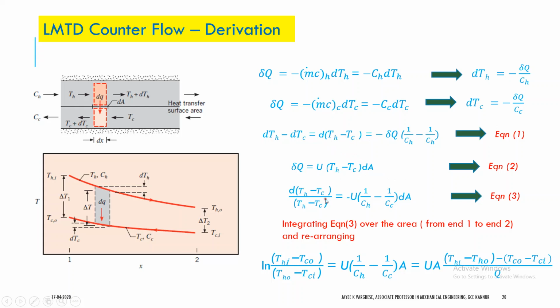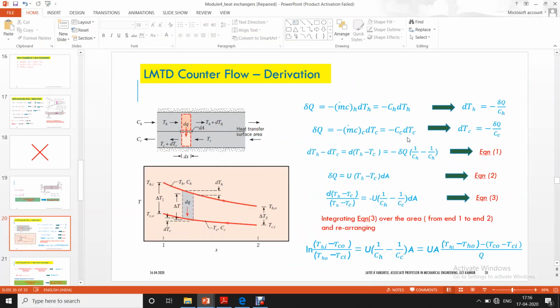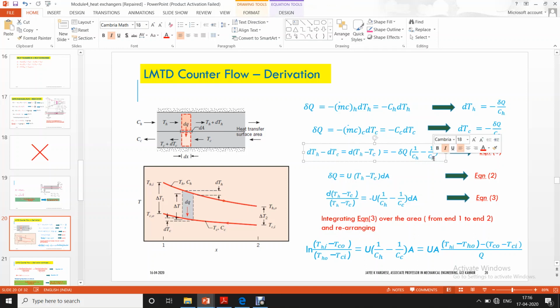d of th minus tc divided by th minus tc is equal to minus of u into dA into 1 by ch minus 1 by cc.